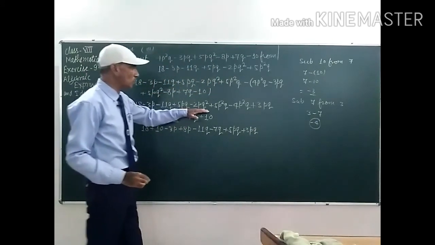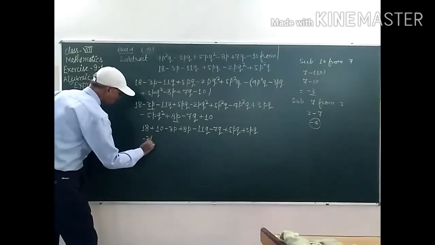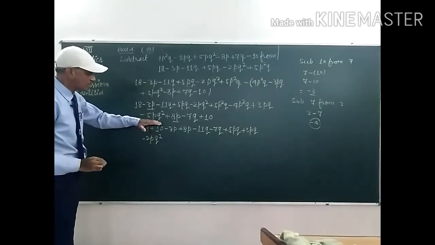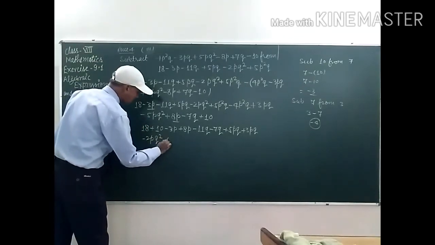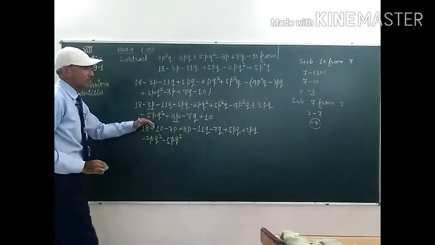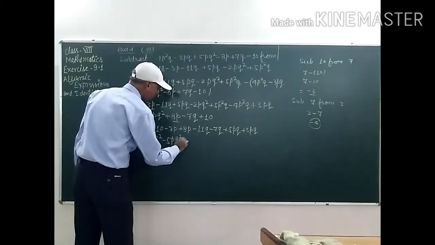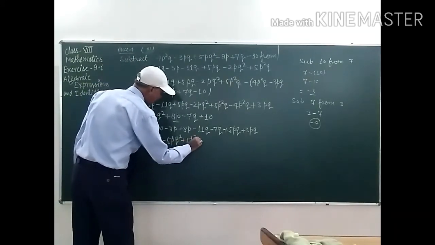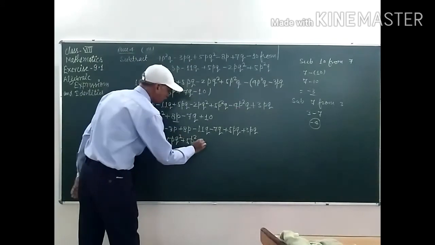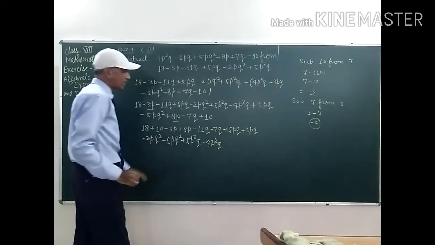Again minus 2pq square and minus 5pq square, like terms. Okay, and again plus 5p square q, and again p square q minus 4p square q. Clear students?